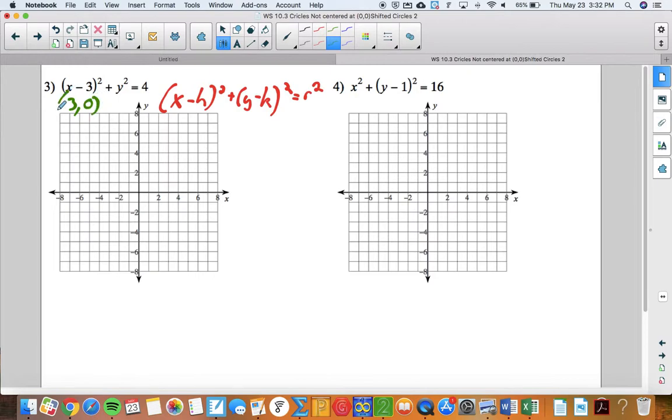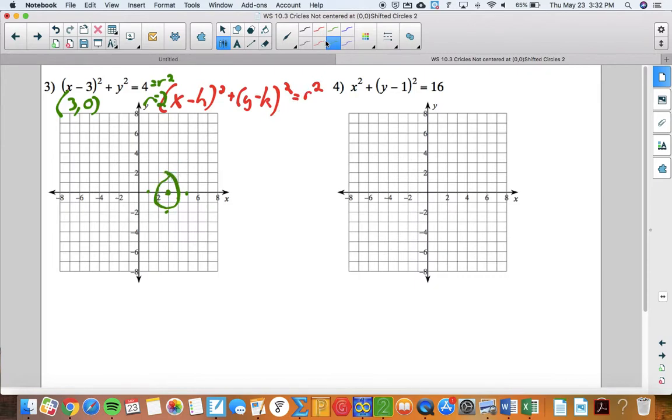Nothing, so it's 0. So the center is at 3, 0. And then from there we find our radius. Well, 4 equals our r squared, so square root that, r equals 2. So go up 2, right 2, down 2, and left 2 from the center, and try to connect those with a smooth circle. How was that?